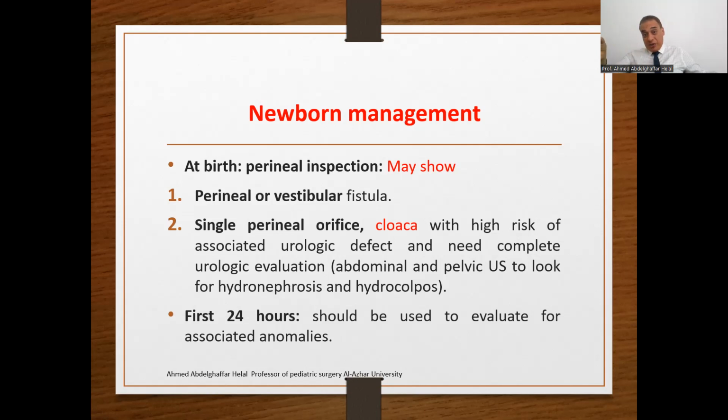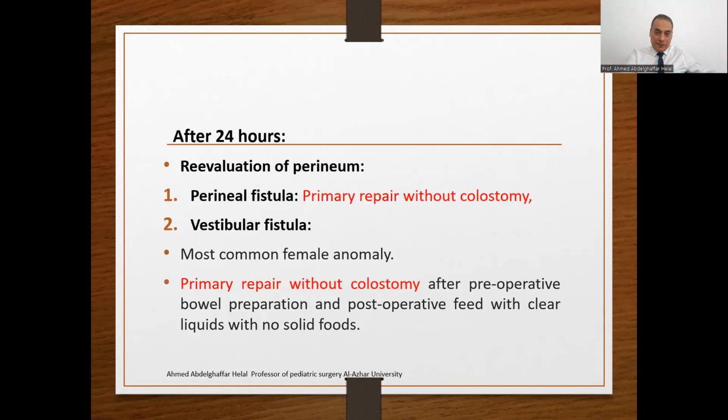Or on the other end of the spectrum, you may find a single perineal orifice, what's called cloaca, with a high risk of associated urological defects, and you need to perform a complete urological evaluation, abdominal and pelvic ultrasound, to look for hydronephrosis and hydrocolpos or hydrometrocolpos. So, like in males, the first 24 hours should be used to evaluate for associated anomalies.